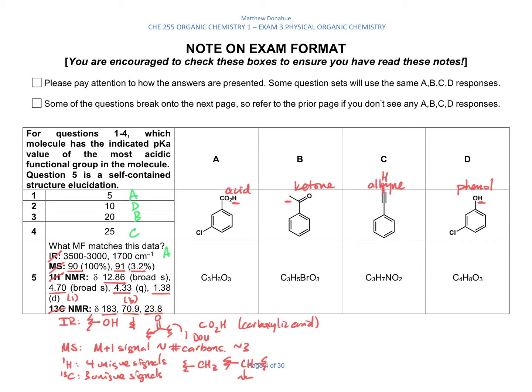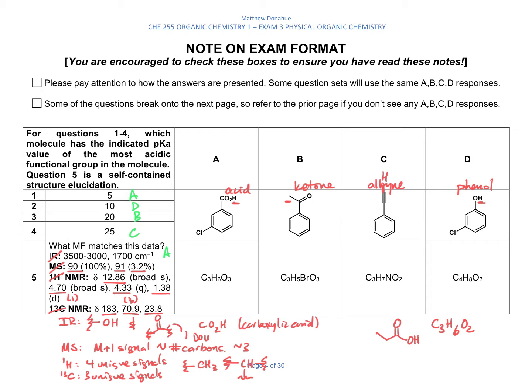So if we start piecing together what we know, say there is a carboxylic acid, and then we know there's 2 other carbons, so we'll just connect those. So 1, 2, and at this point, that's a molecular formula of C3H6O2, and again the parent is 90.